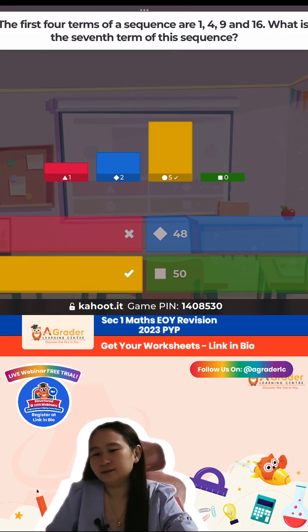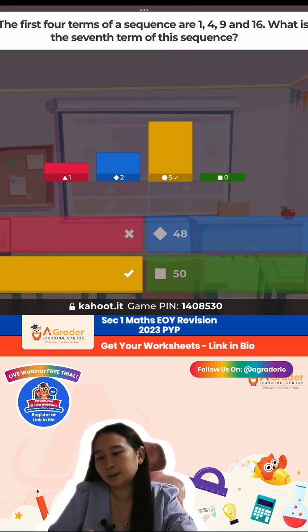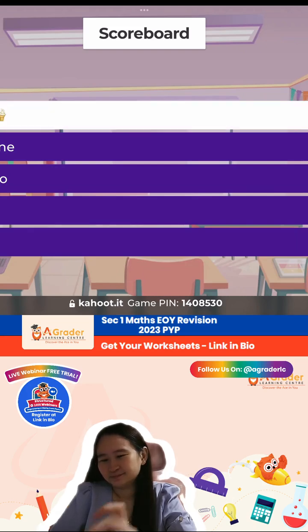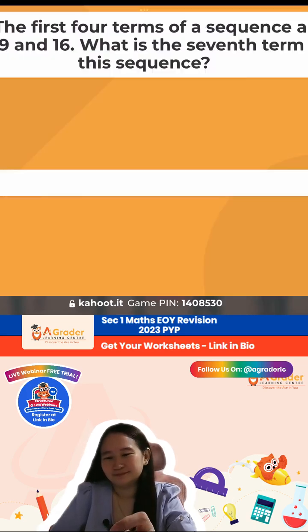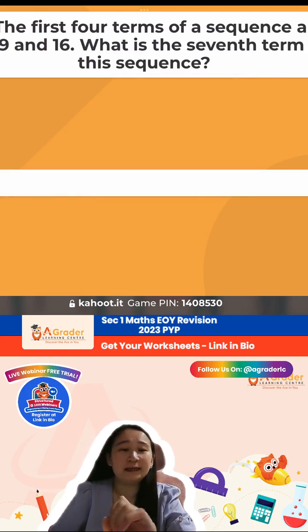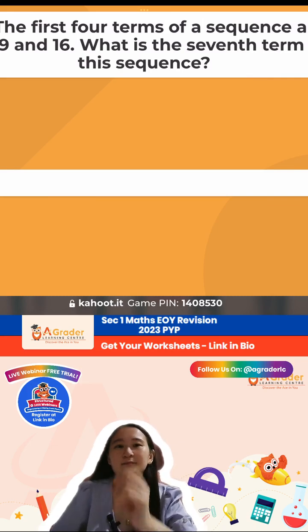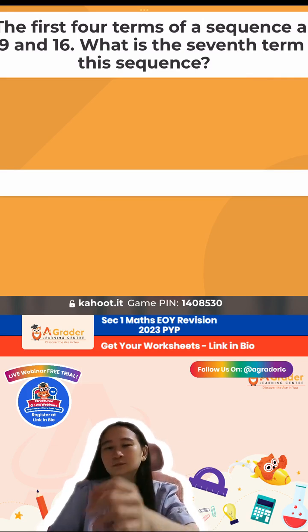Okay, they're asking for the seventh term. So you can see that 1, 4, 9, and 16, they are all square numbers. So when they want the seventh term, you take 7 squared.